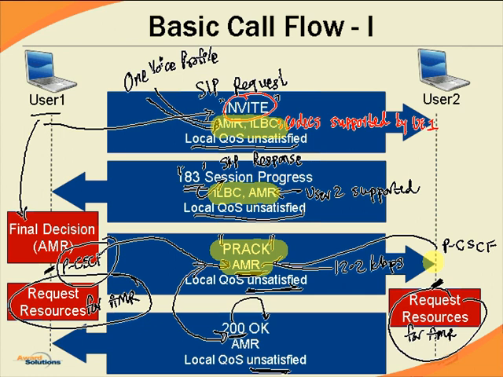However, when the operator has deployed an IMS network, which we expect to be the case in the coming years, then HSS has additional responsibilities as far as IMS is concerned. So, for example, it will talk to the interrogating CSCF and tell the interrogating CSCF to choose serving CSCF number 5. It will tell the serving CSCF that, okay, here is a subscriber profile for this user. So HSS has additional responsibilities.